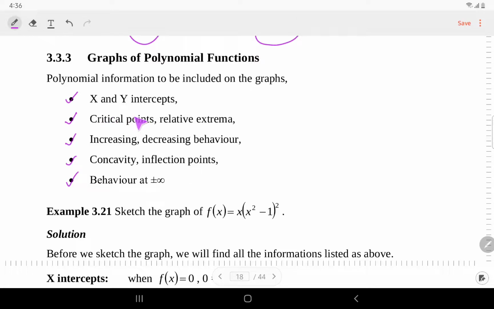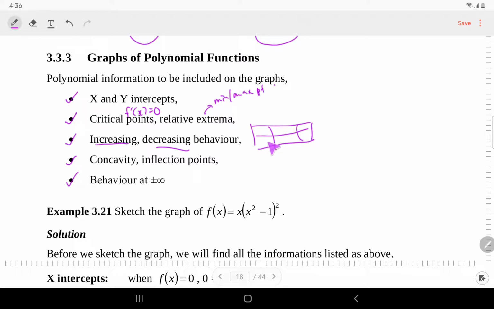And then kita kena cari critical point. Critical point macam mana nak cari? Kita kena set f prime x equal dengan 0. Okay, cari nilai x. So itu adalah dia punya critical point. Relative extrema, maksudnya kita kena cari minimum or maximum point. And then increasing, decreasing. Ini yang kita buat table tu.